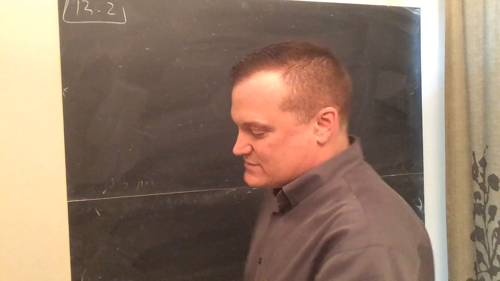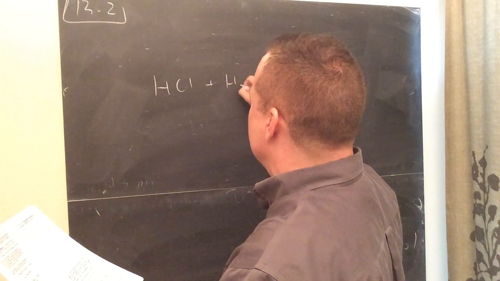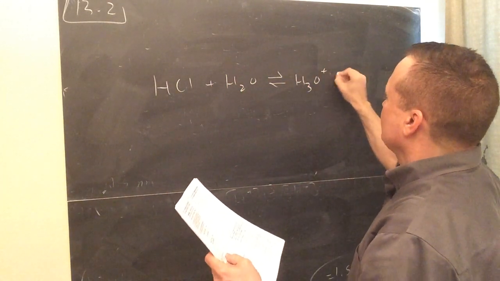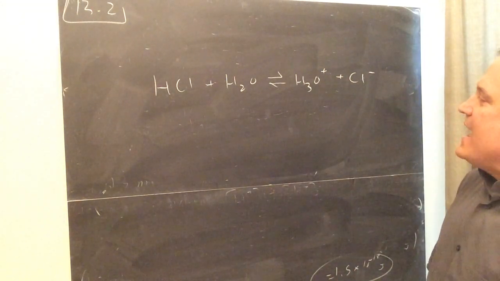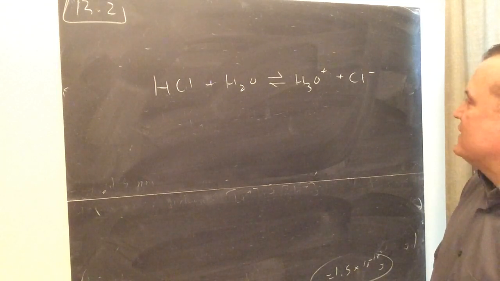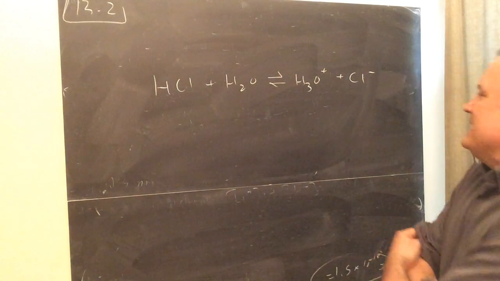Now here's a weird one. Here I'll show you a weird way to say it, but I'll mention how it works. Okay, we would say here H2O is a stronger base than the conjugate of a weak acid. Okay, here's what it means.